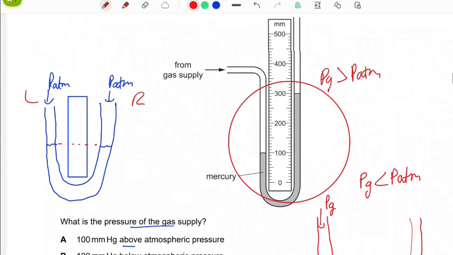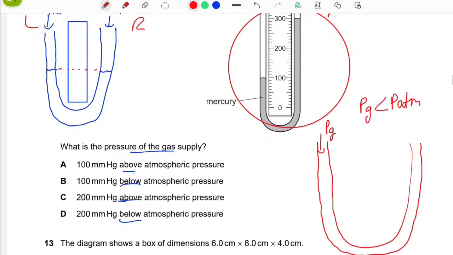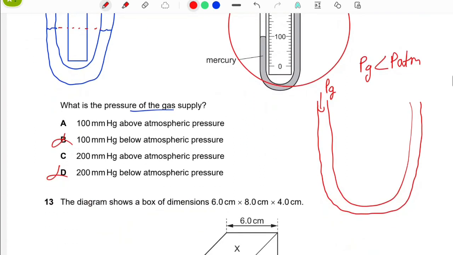So if you understood this, then you can easily eliminate the options below, but I am still going to explain it. If the pressure of gas is lesser than P atm, then P atm will be greater, so it will press more and compress more, and it will rise from the left side, and from the right side it will get lower.